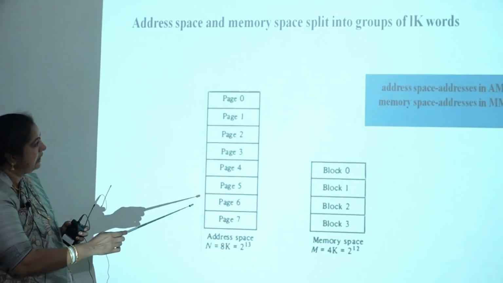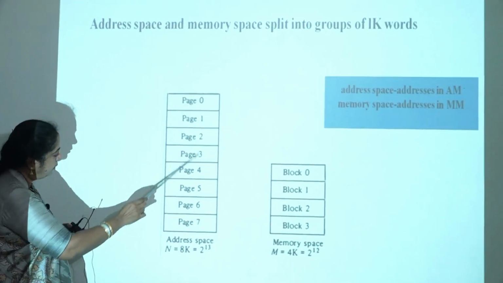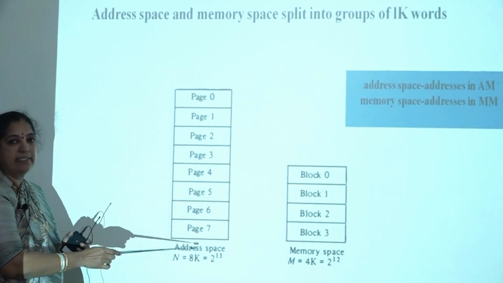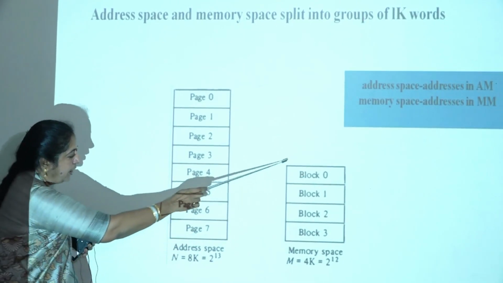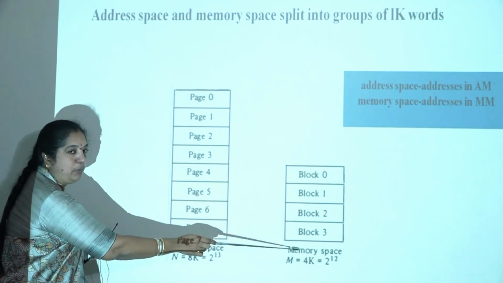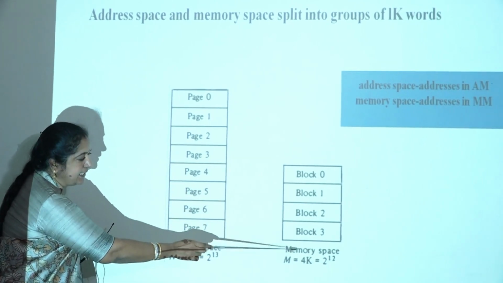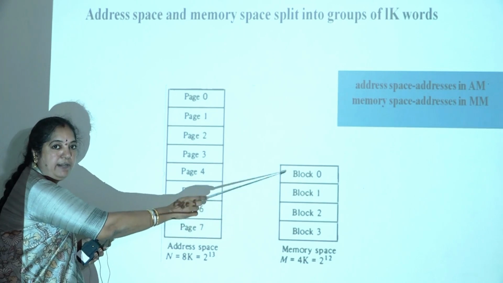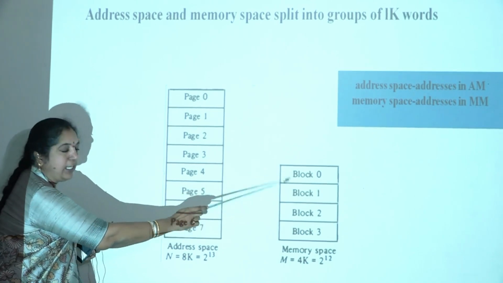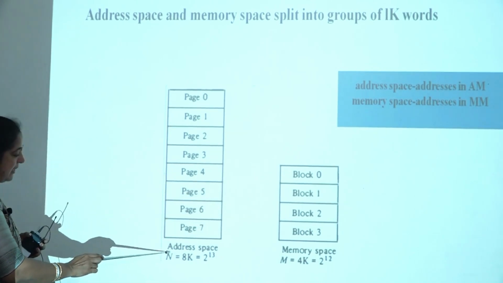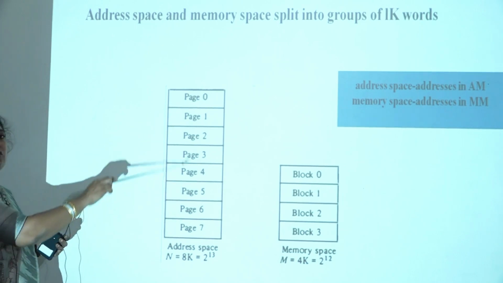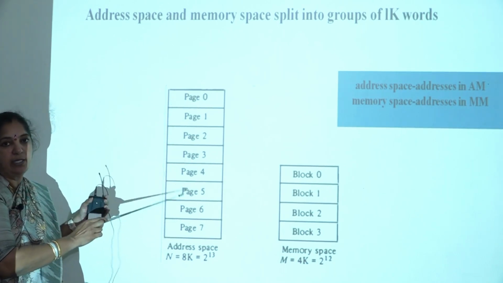We divide the address space into pages and the memory space into blocks. Memory space is how we divide and allocate the main memory, and address space is how the CPU-generated addresses are stored.